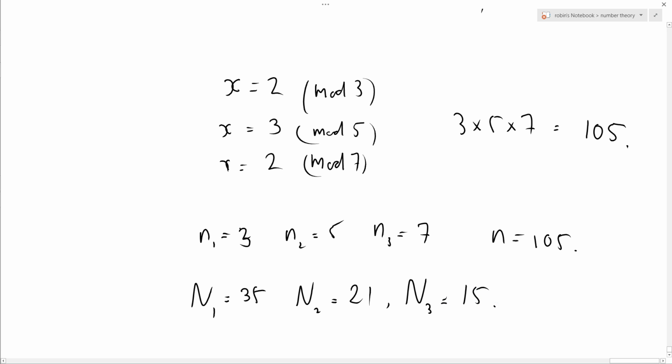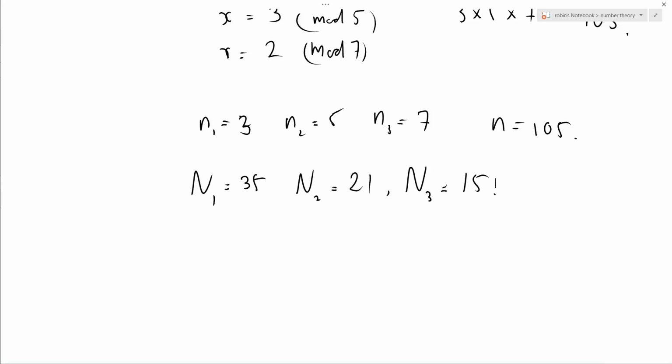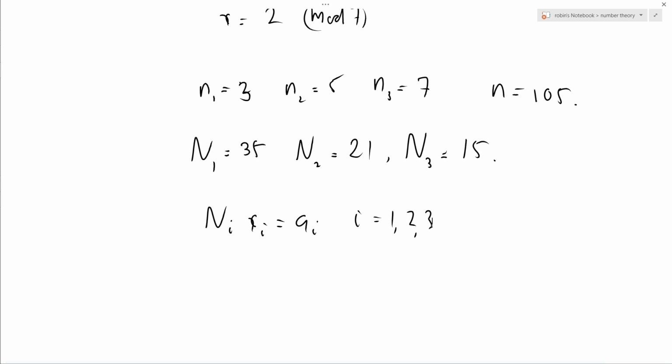So what we need to do is to find the linear congruences. Remember, we're going to solve Ni xi equals ai for i equals 1, 2, 3. We need to find that, and then we'll plug it into our massive x star. So we need 35x equals 1 modulo 3.